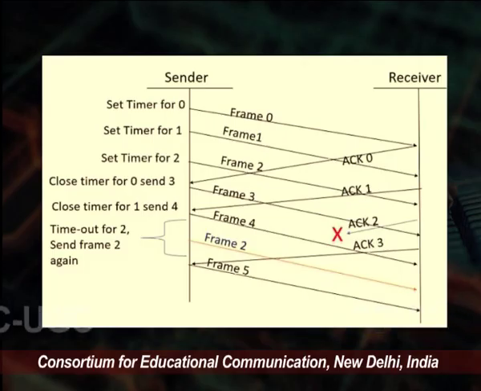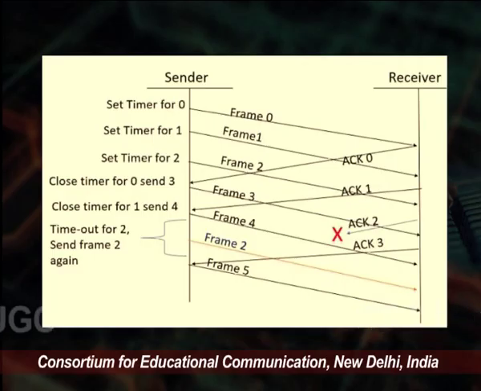Let us say from the sender side packet number 0 has started, and then it is received on the receiver side, and the moment it is sent, a timer is started for packet number 0, so that within the stipulated time we can track whether we receive the acknowledgement at the sender's end or not.